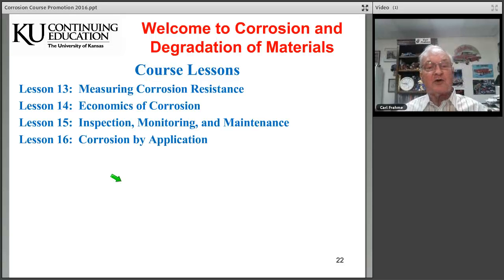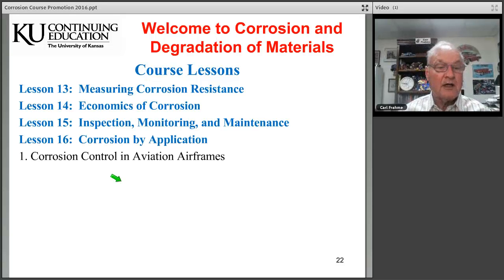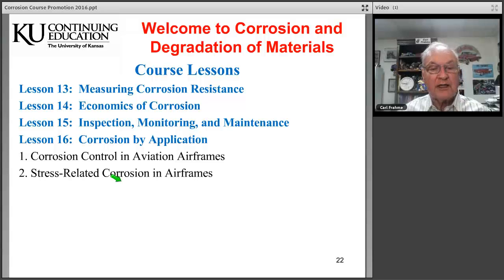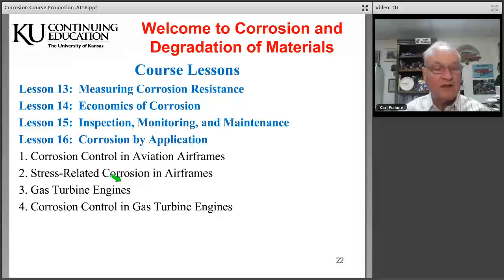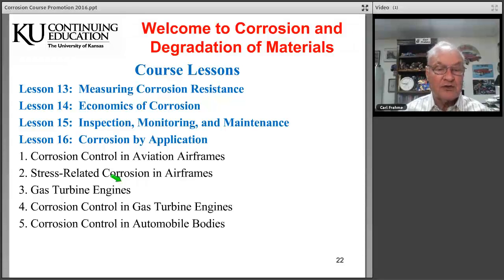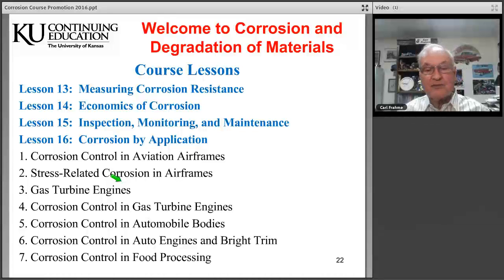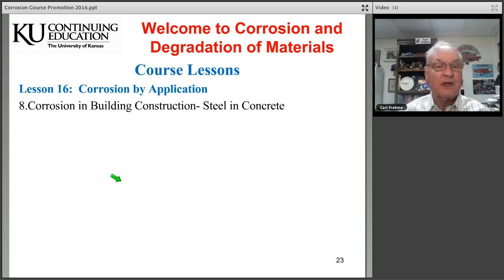Lesson 16, corrosion by application: corrosion control in aviation airframes, stress-related corrosion in airframes, gas turbine engines, corrosion control in gas turbine engines, corrosion control in automobile bodies, corrosion control in auto engines and bright trim, corrosion control in food processing.